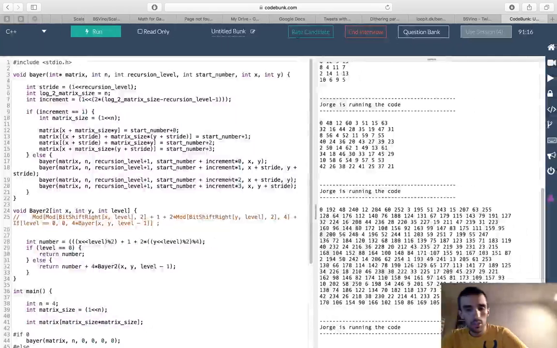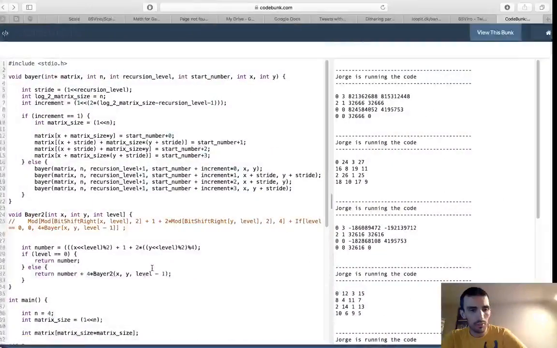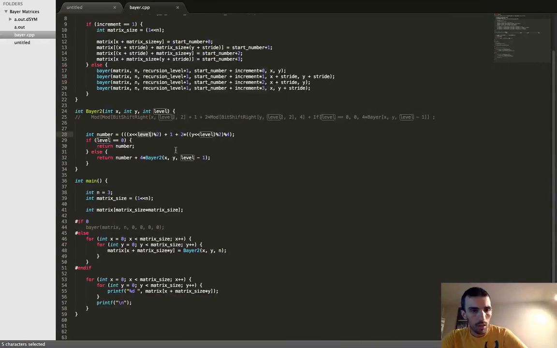A recursive function is an infinite loop. This will not infinite loop because it decreases the value of level by 1 every time, right? So I put n into it, which I don't really know what to put into it. It doesn't matter, because level. And then when it calls the recursion, it says level minus 1.